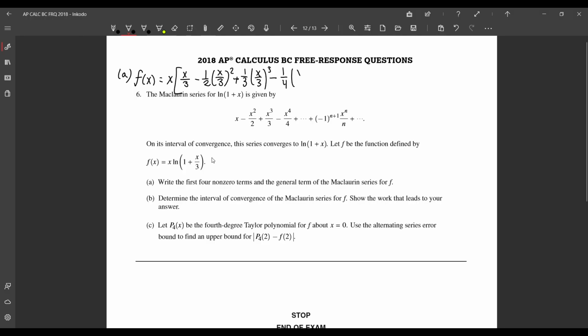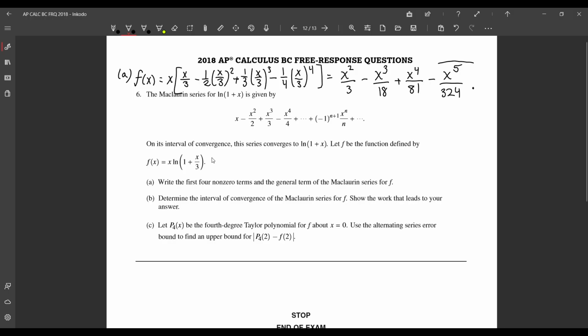1/4 x over 3 to the 4th. So this is going to be x squared over 3 minus x cubed over 18 plus x to the 4th over 81 minus x to the 5th over 81 times 4 is 324.